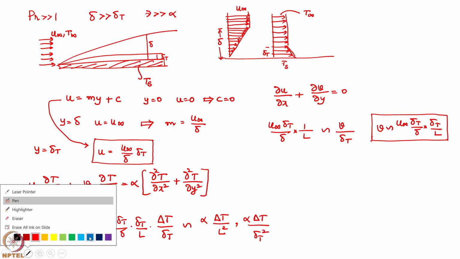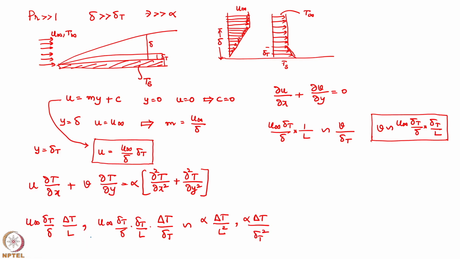Now, if you see what happens here, delta T gets cancelled out, so both the terms are the same. The left hand side scale is u infinity delta T by delta into delta T by L. That is the left hand scale.